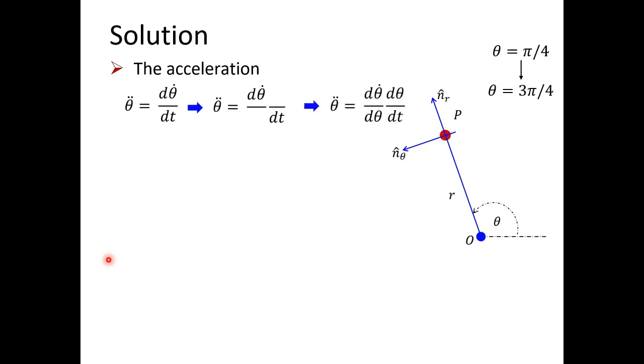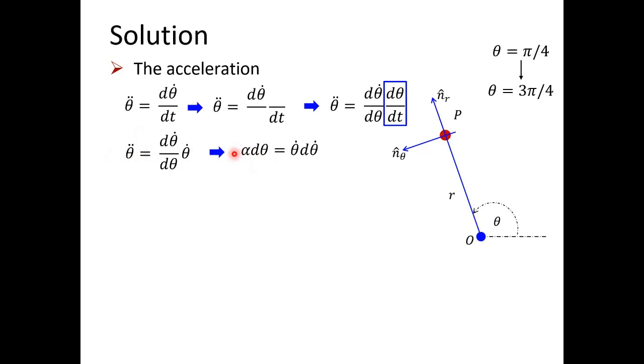If I do so, d theta over dt is theta dot. Accordingly, I can get rid of the dt term and represent theta double dot as d theta dot over d theta multiplied by theta dot. With slight rearrangement, I get alpha d theta equals theta dot d theta dot. This alpha comes here because we know that theta double dot is alpha.